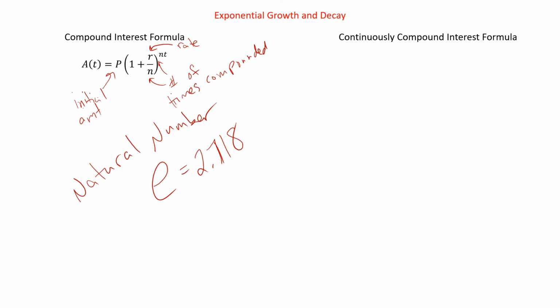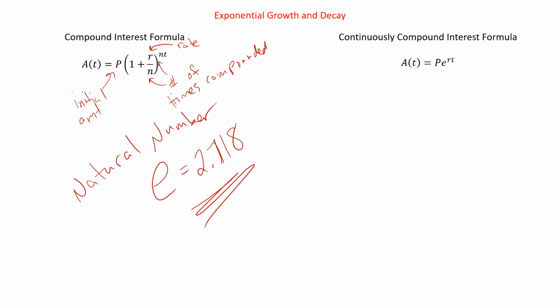It's doing it all the time. And so the equation here, we get A of t, the amount, equals P. That's still the initial amount. The variable is the same. Then e to the rt. E, this number, to the rate and time.